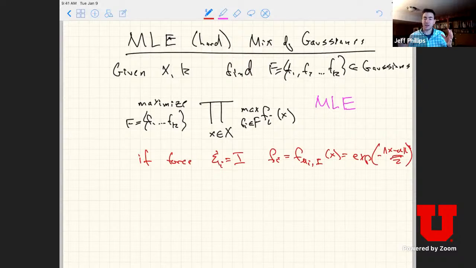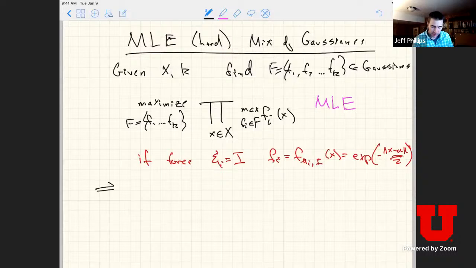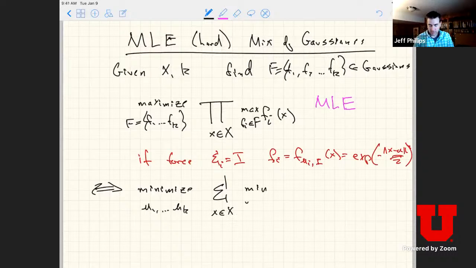If they all have the same thing, then maximizing this is the same as minimizing distance. So this is equivalent to minimizing over mu1 up through mu k, going through this log transform, the sum over x of the min over mu i in this set F. All the covariances are the same, so I can just parameterize them by the centers. And this is the natural log of Fi of x.